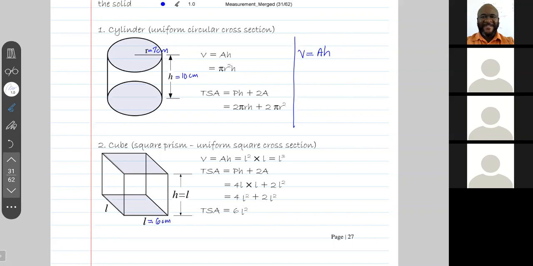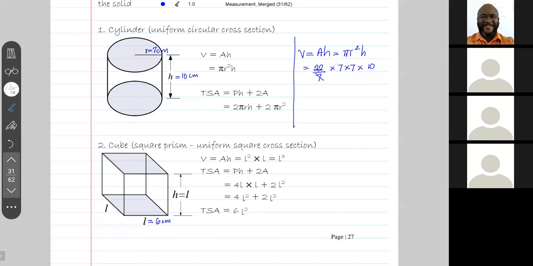The uniform cross section is a circle. So the volume is V equal to pi r squared h. This would be 22 over 7 times r, which is 7, times r, which is 7, times the height of the prism, which is 10 centimeters.